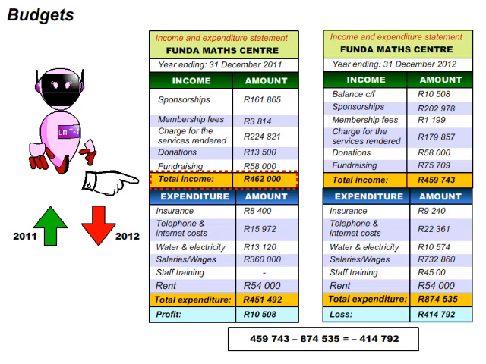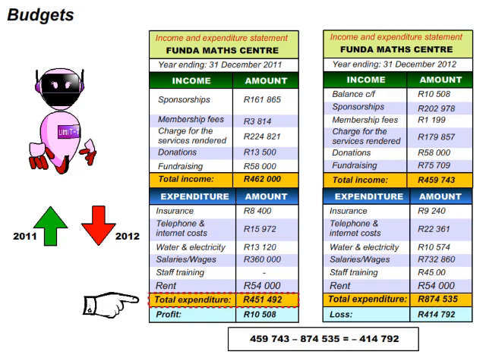The income is higher than the expenditure. So this amount is called a surplus or profit. Look at the income statement on the right. The income is lower than the expenditure. So this amount is called a deficit or loss.